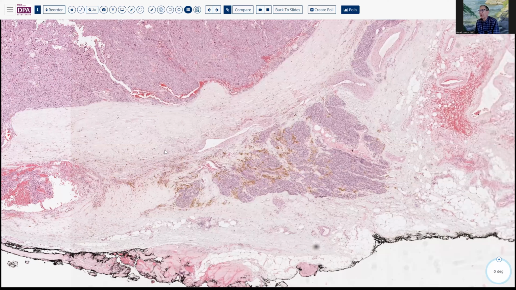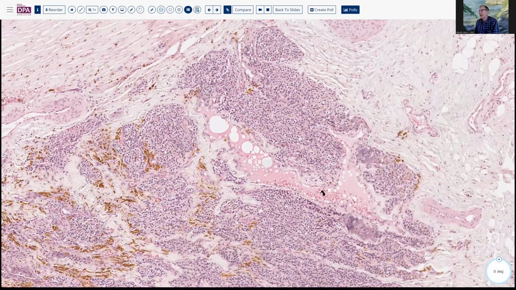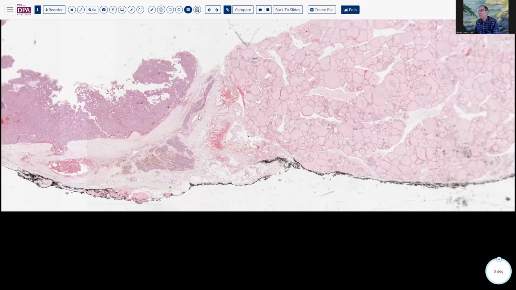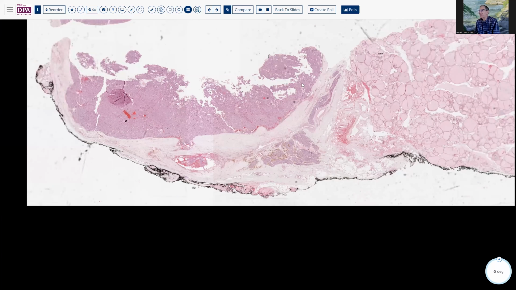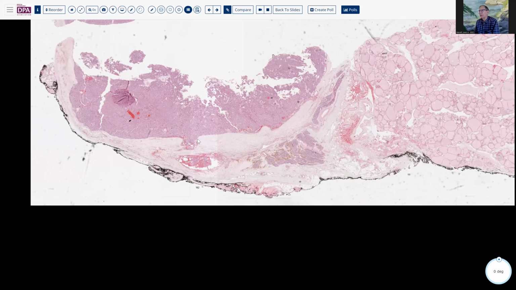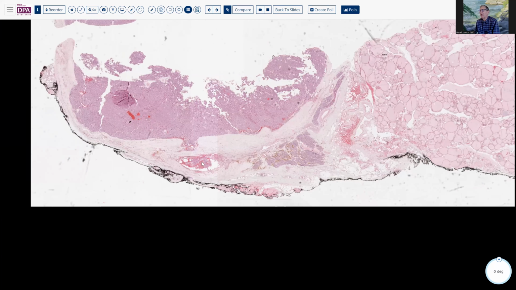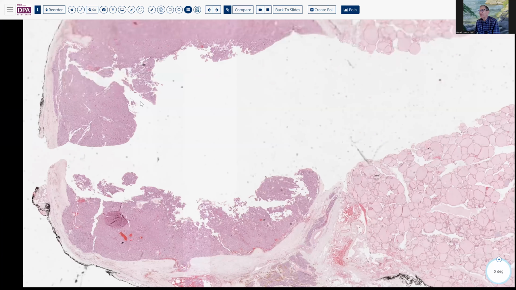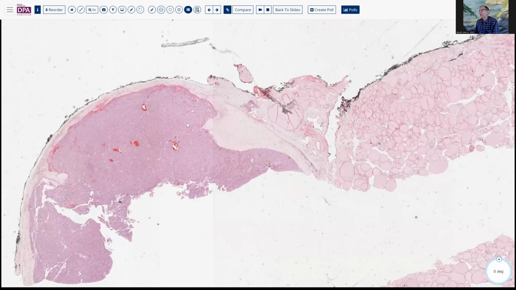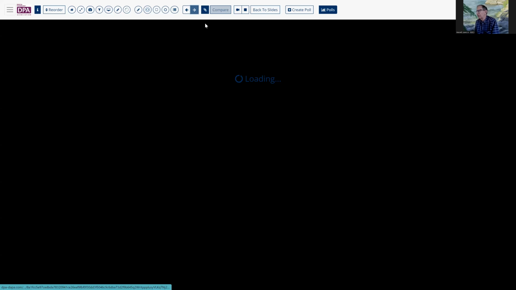Actually, this may be parathyroid tissue here that's gotten some hemorrhage. So in this case, a combination of penetration into adjacent thyroid, capsular penetration in one or more areas, and potentially, if you had endothelial markers, some vascular invasion on this case.